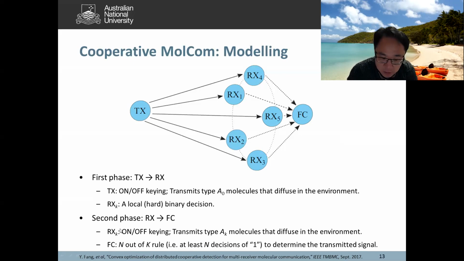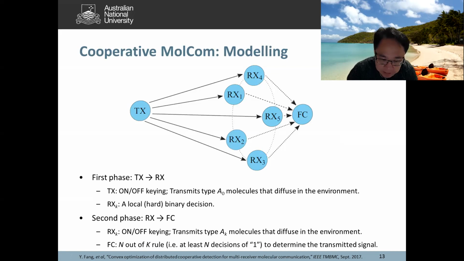Because in total we have K decisions, the fusion center makes a decision of 1 if it receives at least N decisions of 1. N-out-of-K is a general majority rule, and if N equals K, that is an AND rule, which means the fusion center makes a decision of 1 as long as all of the receivers transmit 1.